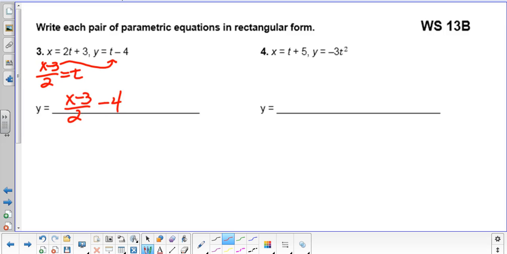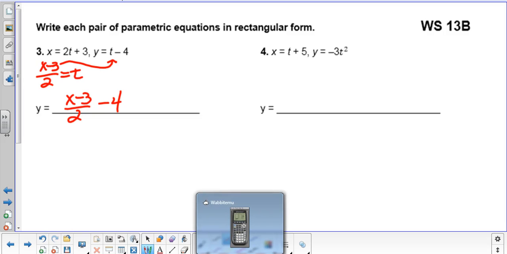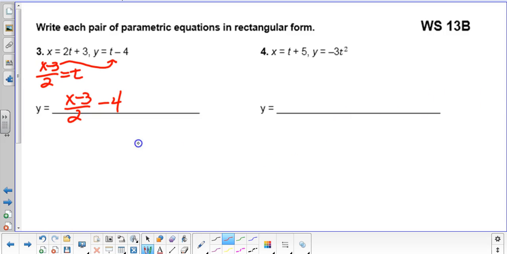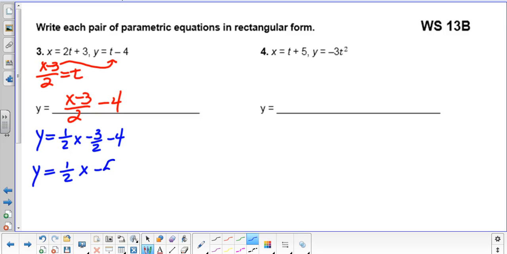Okay, is that a parabola, guys? No. As a matter of fact, it's a line. If I simplified this, I would get 1/2 x minus 3 halves minus 4, which is 5.5, or 11 halves.